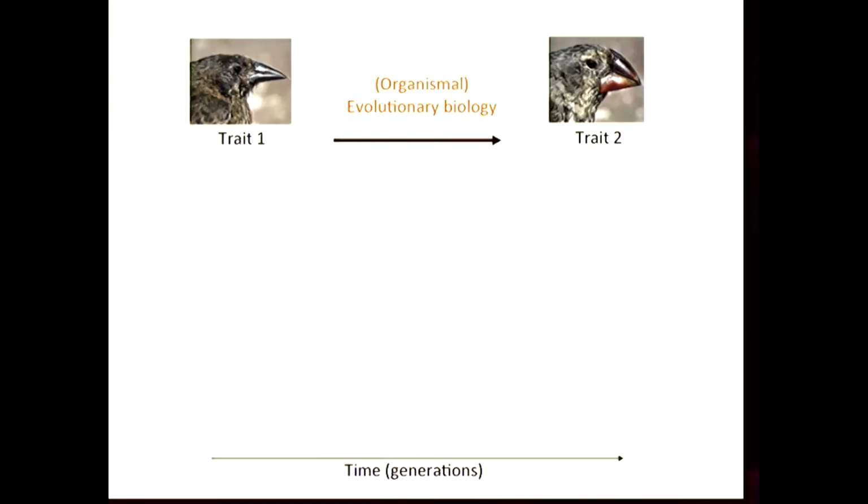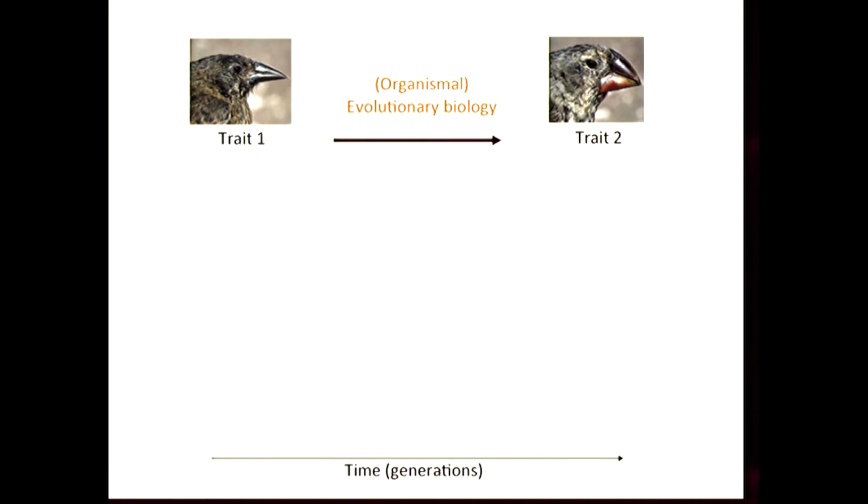There are different approaches that people take to understanding how evolution has occurred. Some people focus studies at the organismal level. So we have two different species here, with differences in beak shape, and this is a change that has evolved between these species. There's a lot that we can learn just by looking at the organisms themselves.